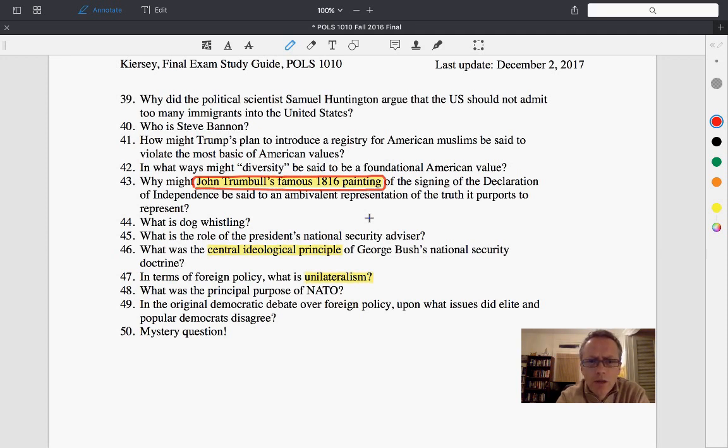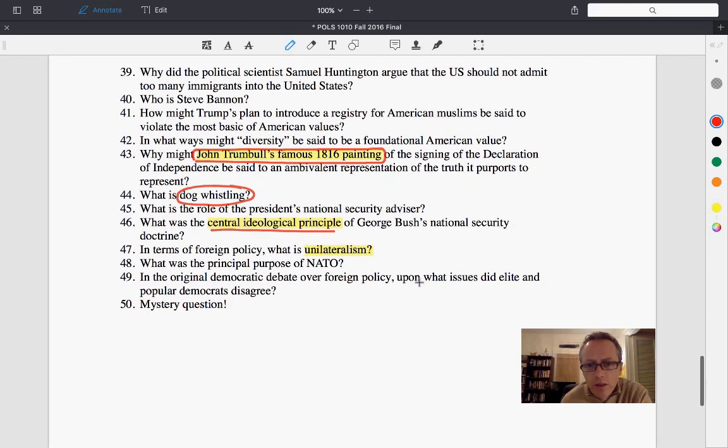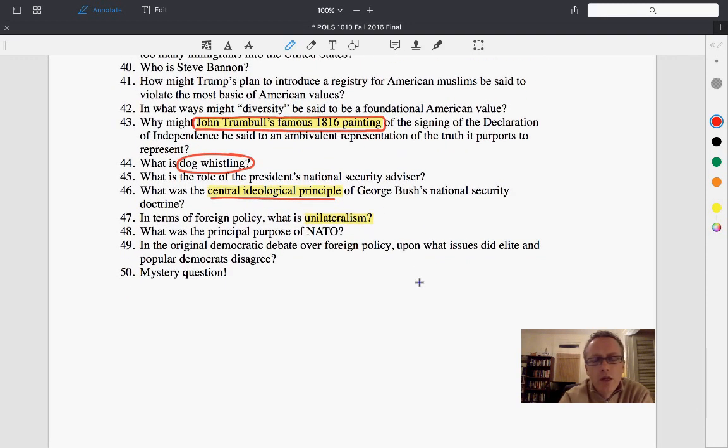We talked a lot in class about dog whistling, so I'm not going to get back into that again. But we did have some questions and conversation about foreign policy in the course, and one thing I think I could have emphasized a bit better, since we wrapped up a little early that day, is the central ideological principle of George Bush's national security doctrine: that you needed to go to war before you saw the smoking gun in the shape of a mushroom cloud.